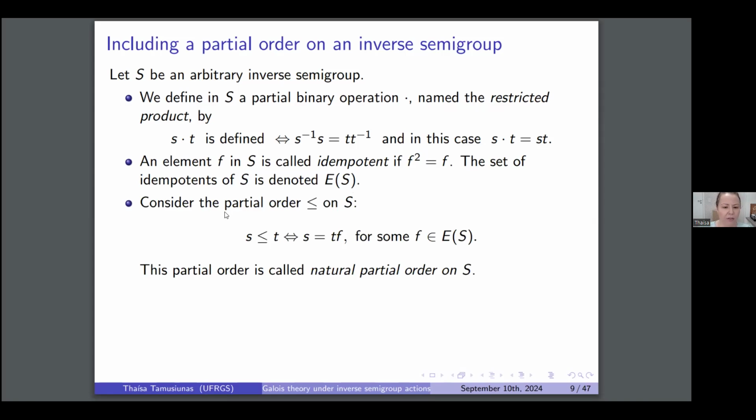Now we define the following partial order on S. We say that S is less or equal than T if and only if there exists an idempotent F such that S is equal to T multiplied by this idempotent. And this partial order is called the natural partial order on the inverse semigroup S.